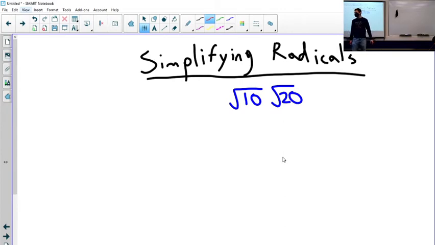So hopefully we're at a point where we multiply what was inside the square root, and we got the square root of 200.